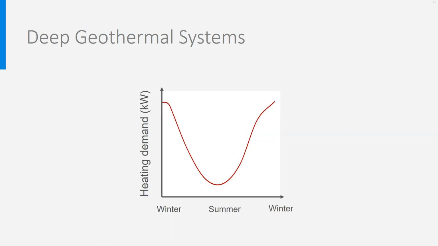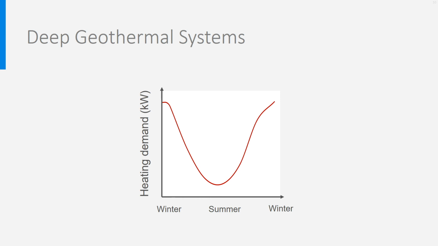Such deep geothermal systems are difficult to control. In fact, they cannot be stopped or restarted that easily. That is why a lot of research is done to look at combinations with aquifer thermal storage. You see in this figure the heating demand of a building or a group of buildings from winter to summer.